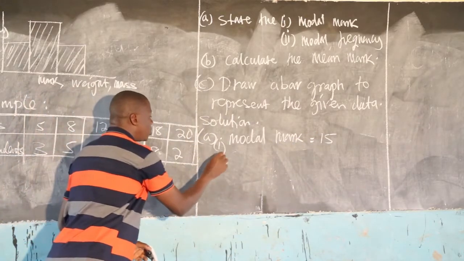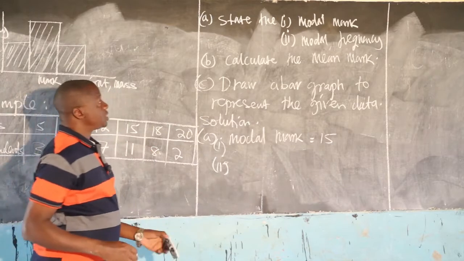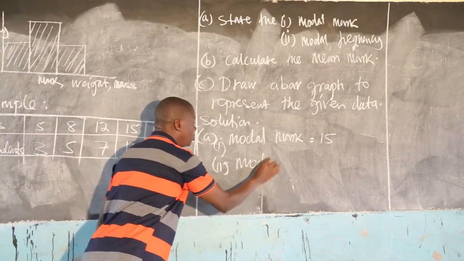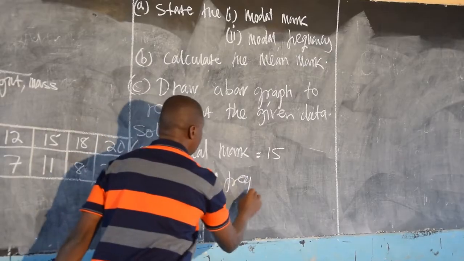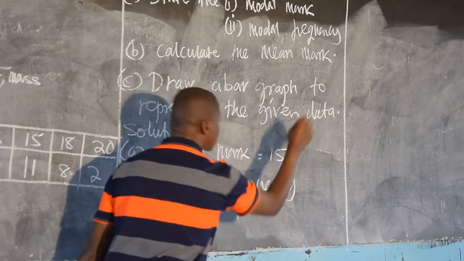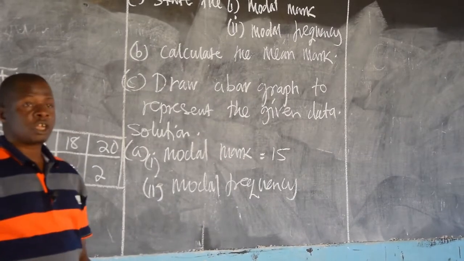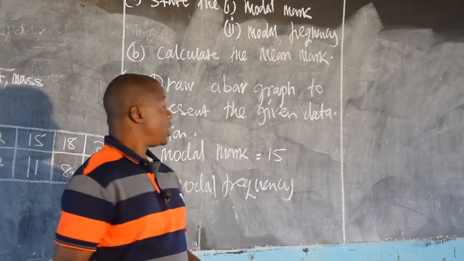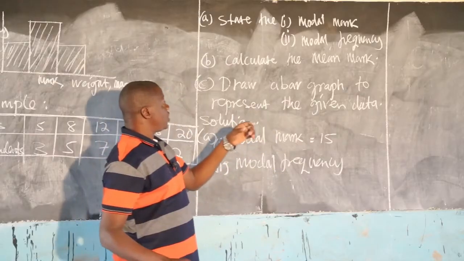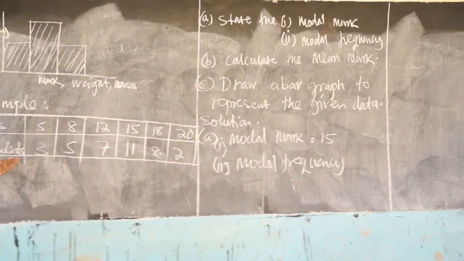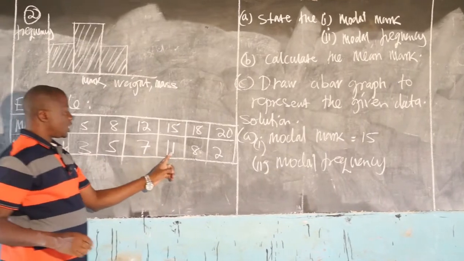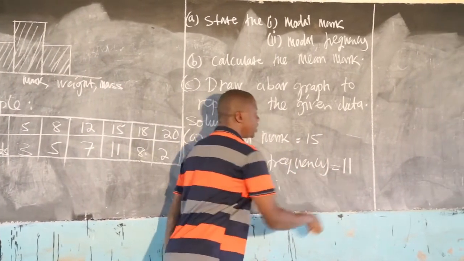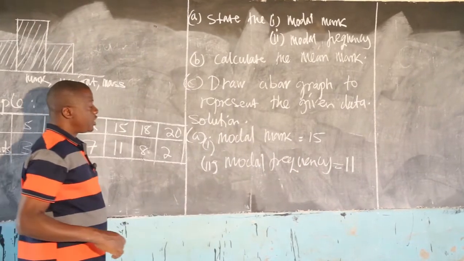That is Roman number 1. Roman number 2, we are interested in the modal frequency. By definition, the modal frequency is the highest frequency. And our highest frequency, when you observe, is 11. The highest frequency is 11.